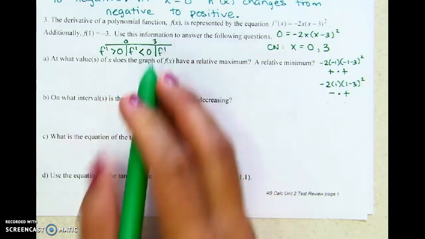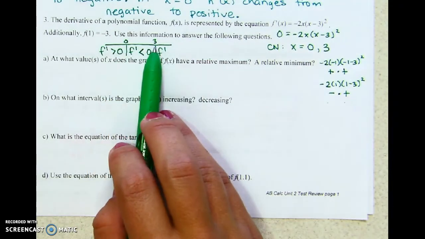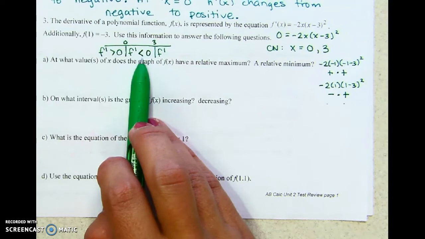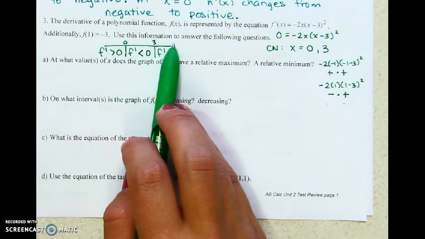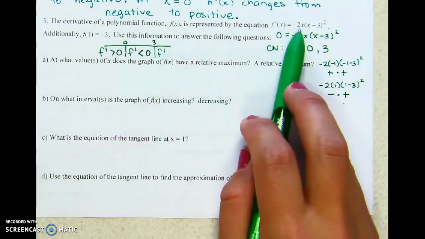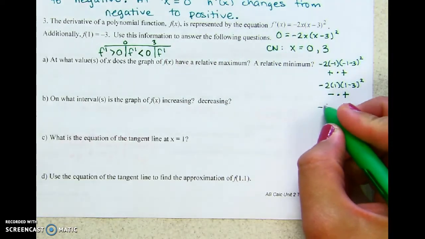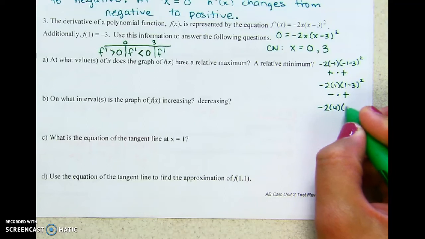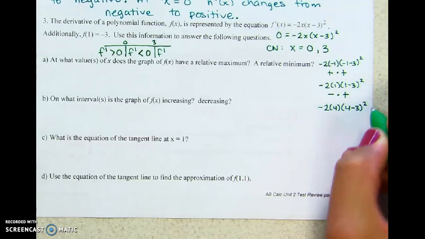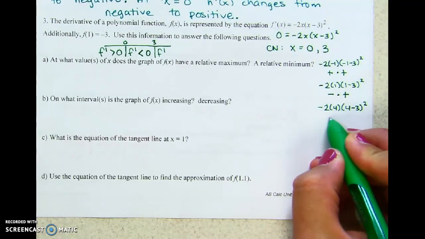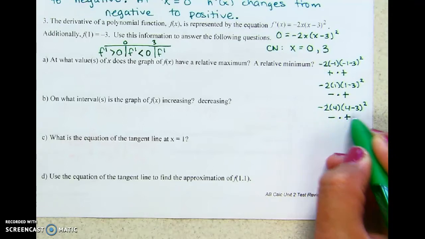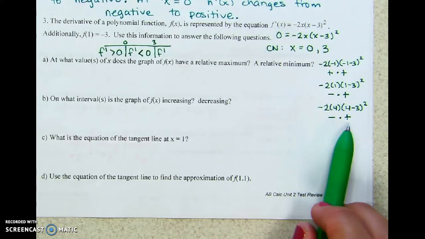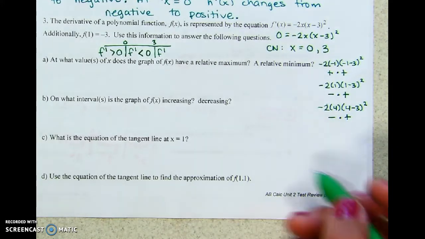So all the numbers between 0 and 3, the derivative will be negative. What's a number greater than 3? 4. We're going to plug that into the derivative. So we have -2 times 4. -2 times 4 is negative, and then anything squared comes out positive. So I have a negative times a positive, which is negative.